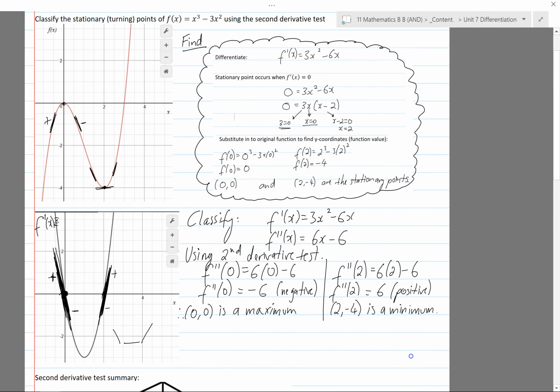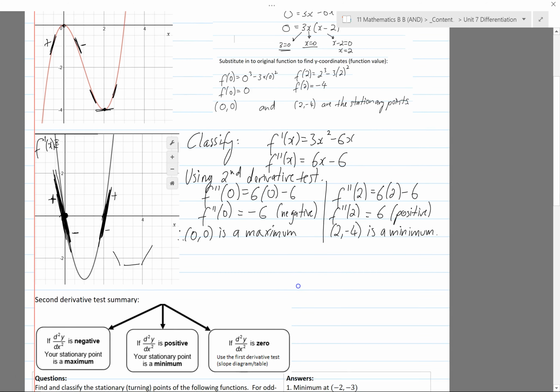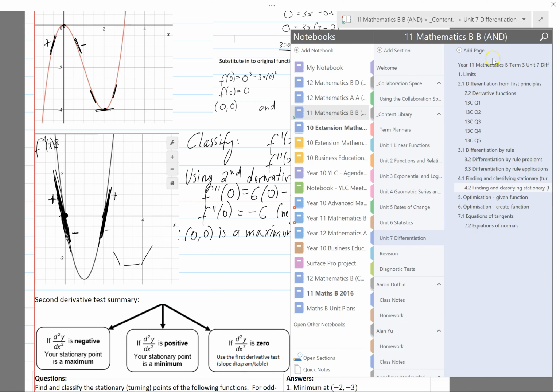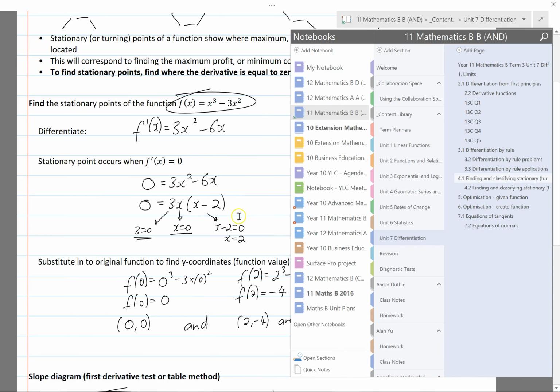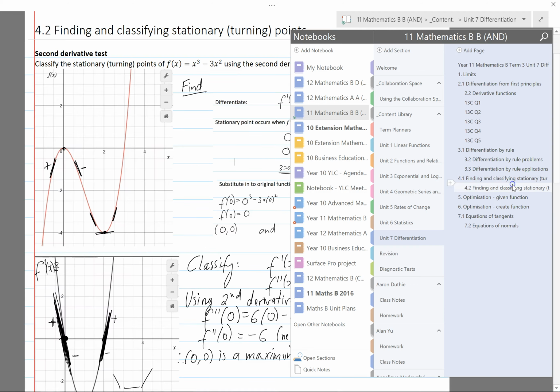So in summary, you have just one way of finding where the maximum, minimum, or points of inflection are, which is by finding where the derivative is 0, and you have the second derivative test and the first derivative test, or the table method, to classify and find out whether they're maximums or minimums without having to graph it.